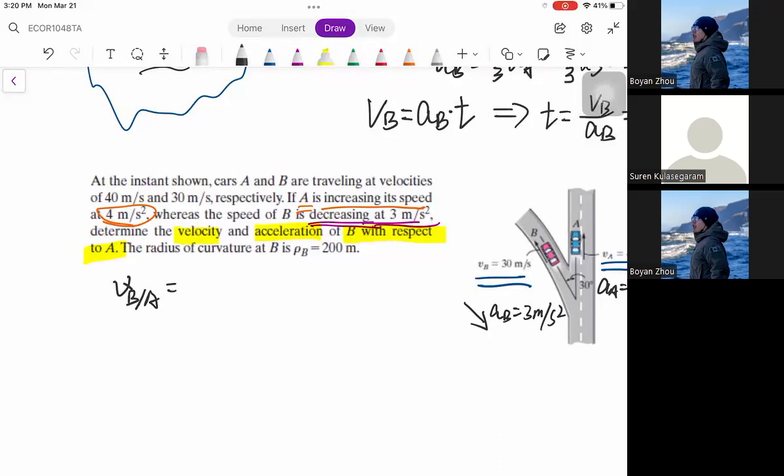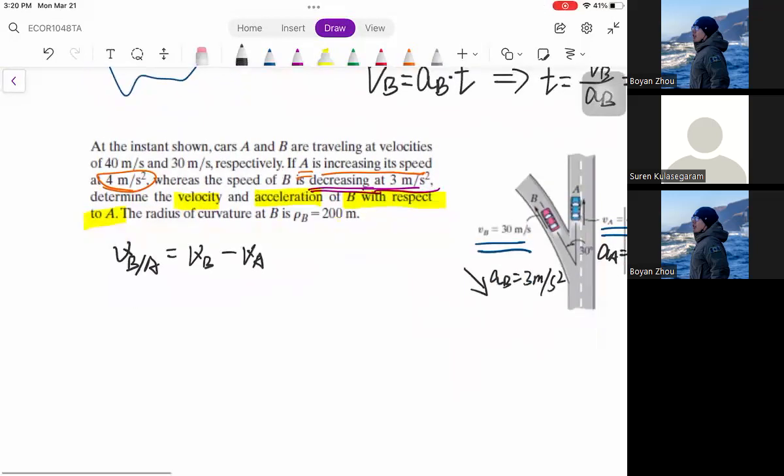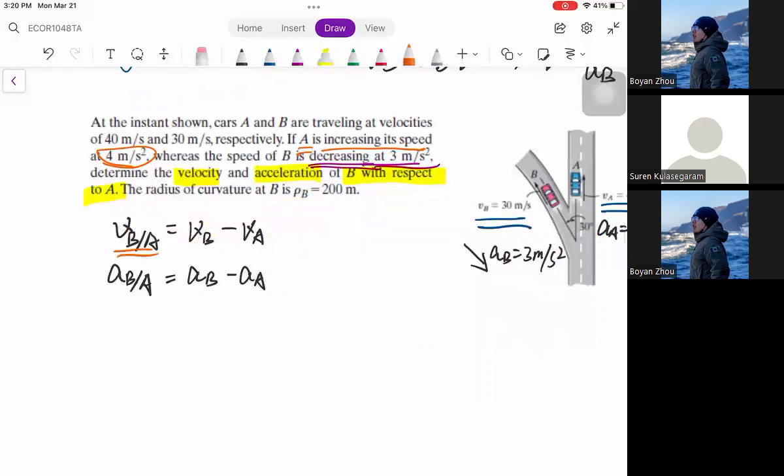The equation for this one is pretty easy: copy down VB, and the slash becomes a minus, and VA. The same thing goes for the acceleration. So these two values are the final answer we're looking for. The first step for the velocity is to find out what VB is and what VA is.